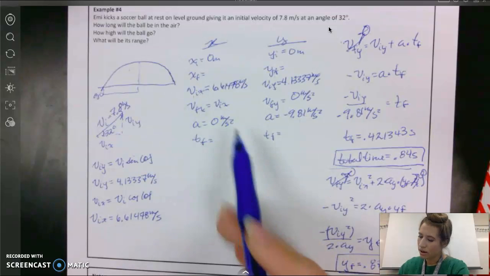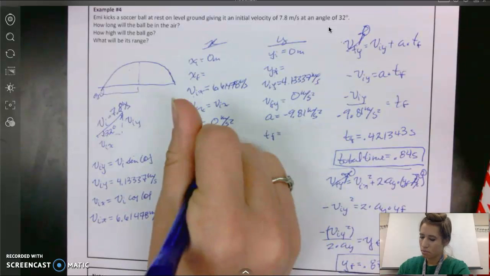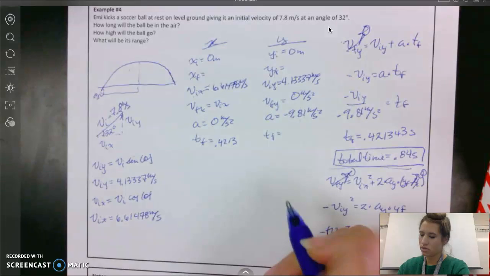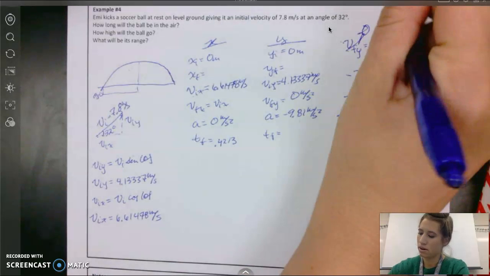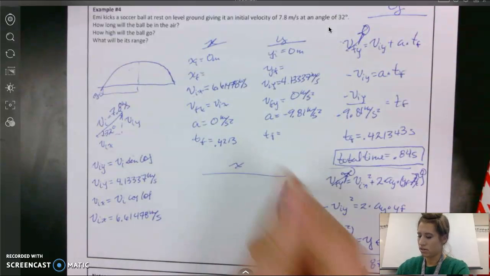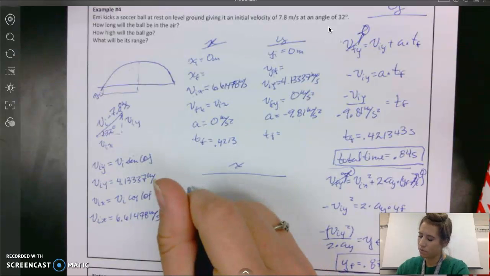So we know our time component right there, 0.4213, etc. These were all y-related equations. With our x, we should use the third equation that we had down in our notes.